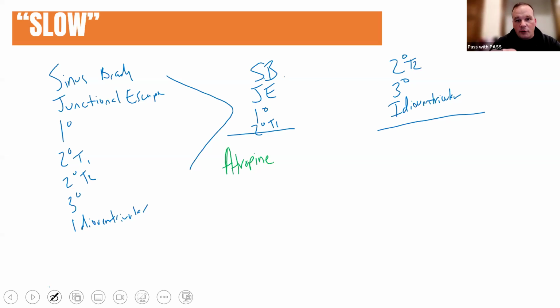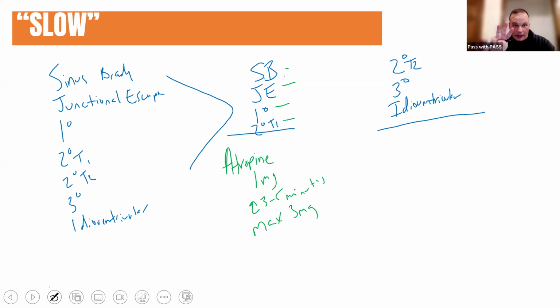So for those patients with those rhythms, my very first line medication or very first line intervention, I'll say, as long as the patient doesn't need oxygen, of course, oxygen always comes first, but my very first medication for this patient is going to be atropine. And I'm going to give that as 1 milligram every 3 to 5 minutes for a max of 3 milligrams total.